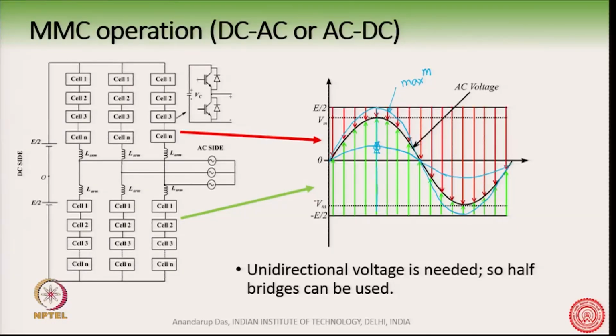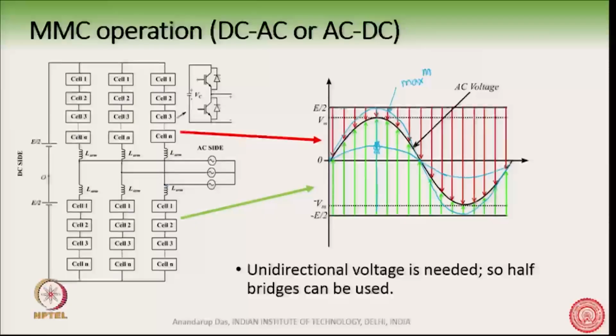So, when this maximum happens, a maximum voltage of E needs to be produced from the arm under the condition when V m touches E by 2 here, which I have shown by this curve.